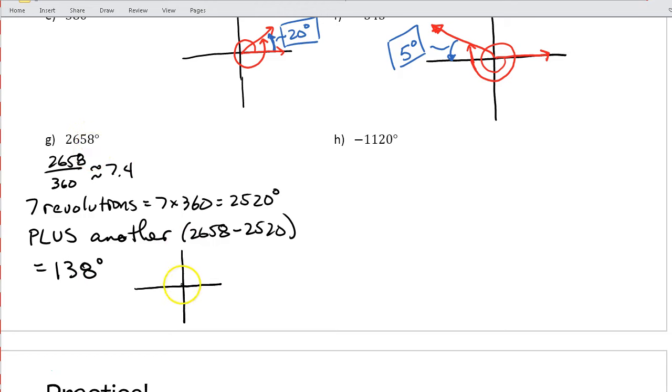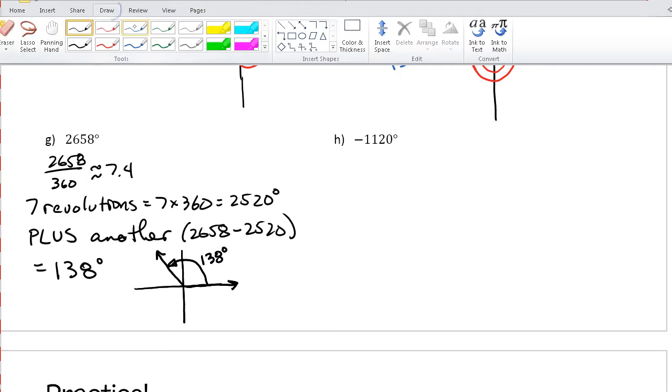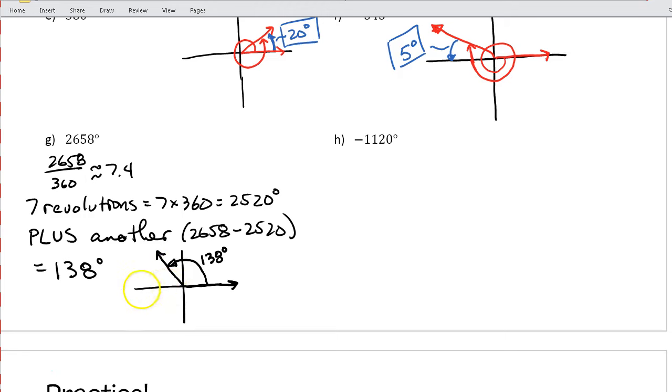So 138, here's 90, here's 180, so 138 is going to be somewhere in here. Here's my initial side. So this is going to be 138. Then my reference angle has to be formed with the x-axis. It's got to be acute and positive, so it's going to be right in here.